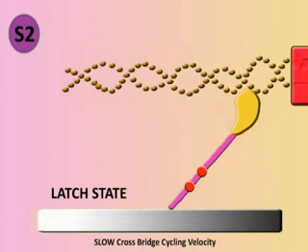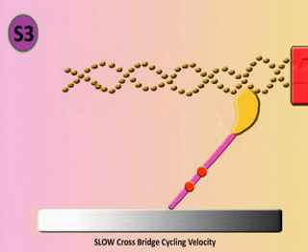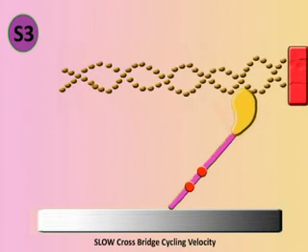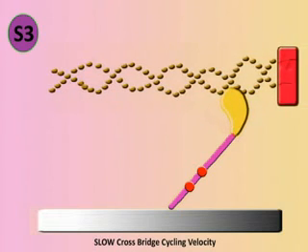This latch state will cause a longer duration of slow velocity contraction coupling. S3. After which, there will again be a production of the ratchet action, producing the 45-degree angle, which will pull the thin filament towards the center of the thick filament, generating a force. In this case, it will take a longer duration and an increase in force-generating conformation.